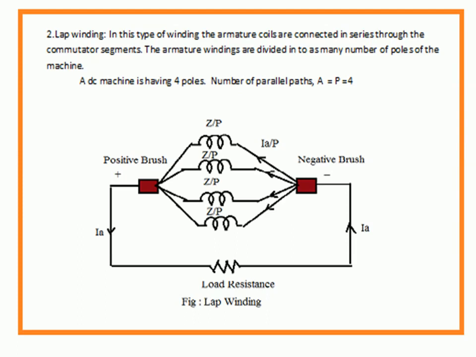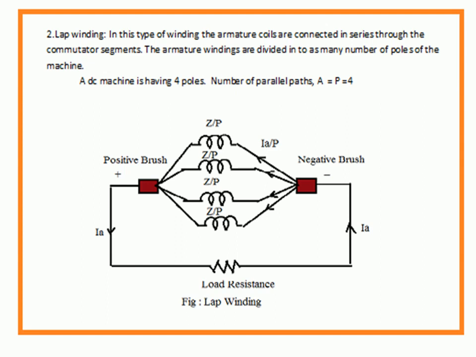Next, number 2, lap winding. In this type of armature winding, the conductors are connected in parallel paths such that the number of parallel paths is the same as the number of poles the machine has. For example, if a DC machine has 4 poles, naturally the number of parallel paths is also equal to 4.